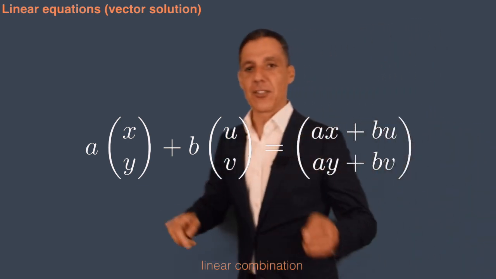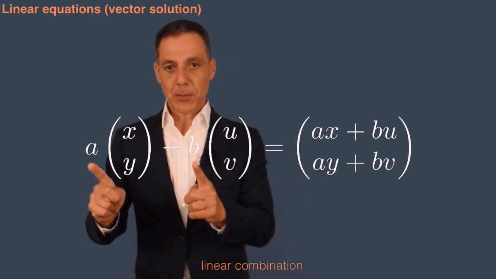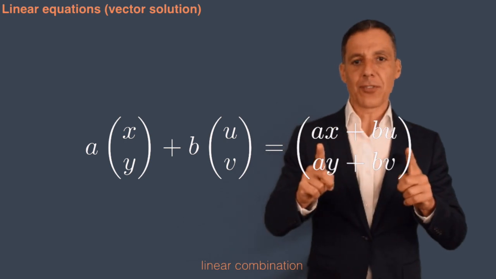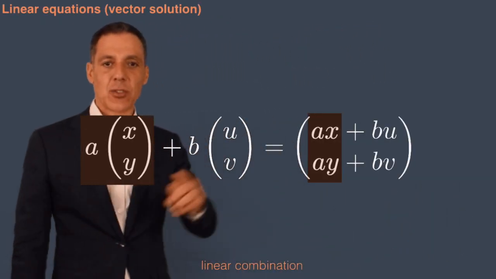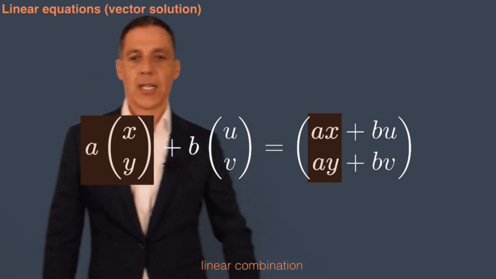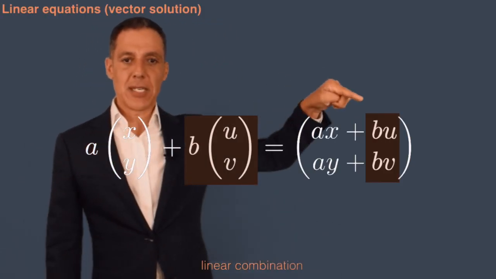All right, linear combination is I can take two vectors, obviously of the same size. I can multiply them by scalar values, and the result is this. So let's just work through the pieces of this. So a times x, y is ax, ay. So you take that scalar value and you multiply it by all the components of the vector. b times u, v is equal to bu, bv.